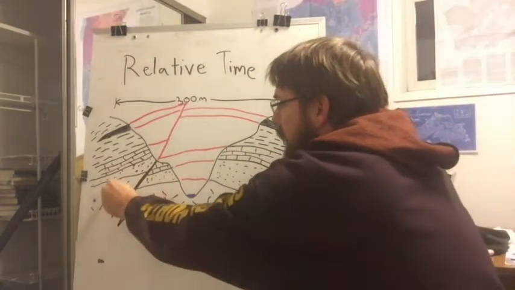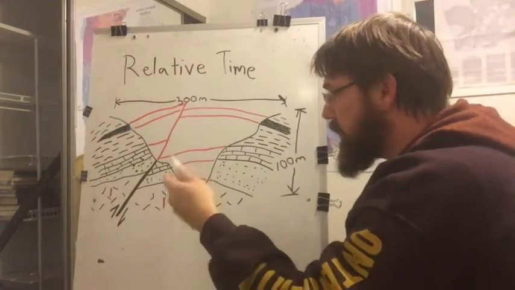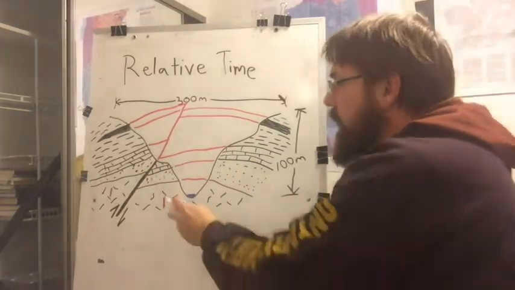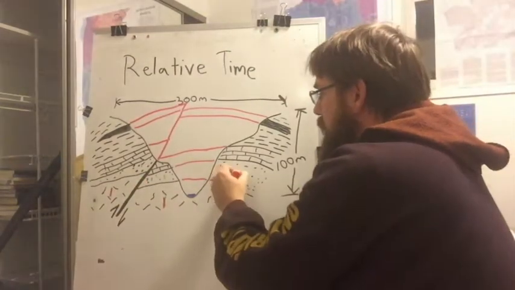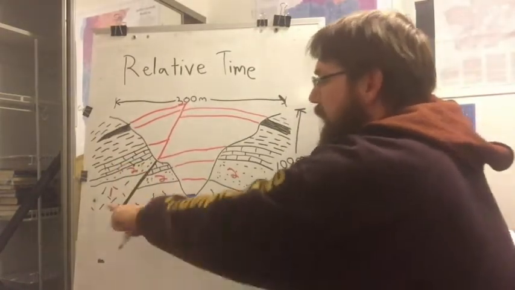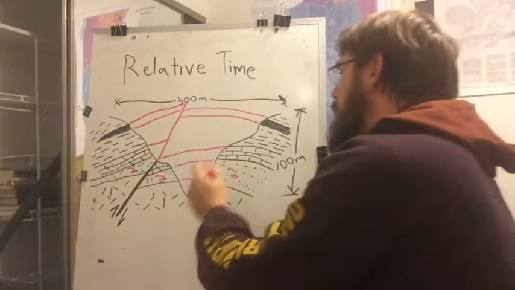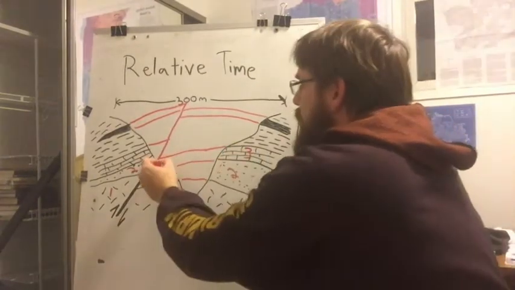So this would be, I'm not going to give formation names, I'm going to just give them numbers, because it's easier than trying to name stuff here. So our granite would be unit 1, this would be unit 2. Everything that has the same number is correlative. Our limestone would be 3.